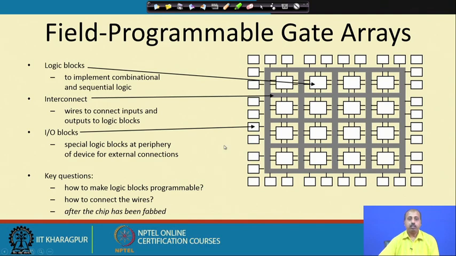And naturally, when we say it is field programmable, this field means it has to be done after the chip has been given to the customer. At the customer side we should be able to do this programming part. The design never goes to the fabrication house. The design is always with the customer only, and after getting one FPGA chip, the customer should be able to program it, so that it gives the proper function.